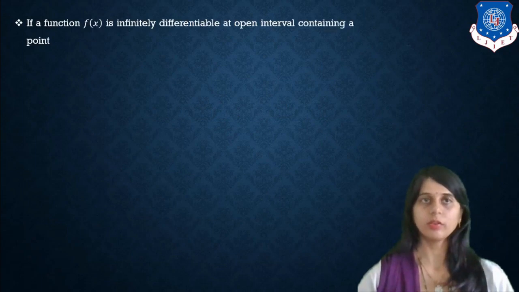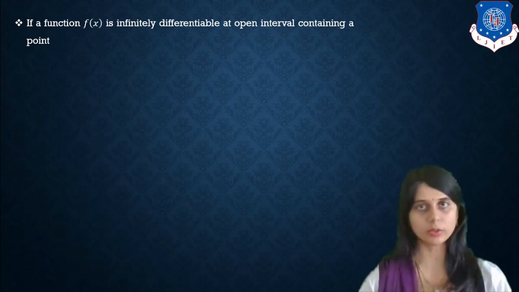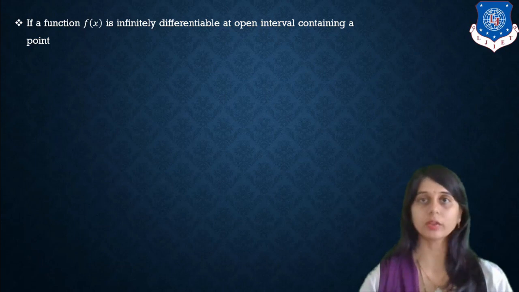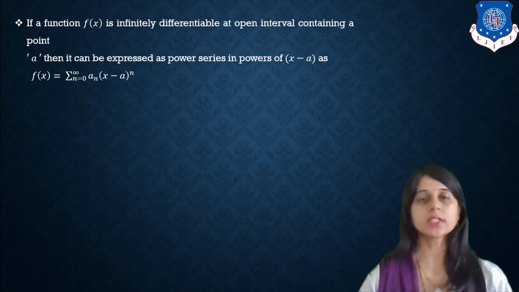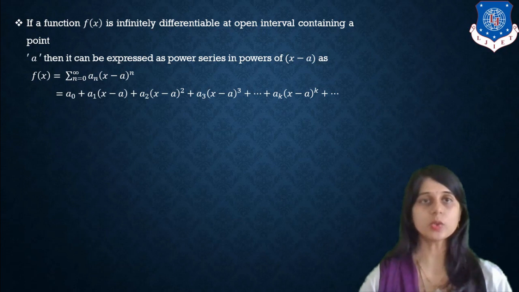For the binomial series, first of all we introduce the power series as a formation. If a function f of x is infinitely differentiable on an open interval containing a point a, then it can be expressed as a power series in powers of x minus a: f of x equals summation n equals 0 to infinity a_n (x minus a) raised to n.